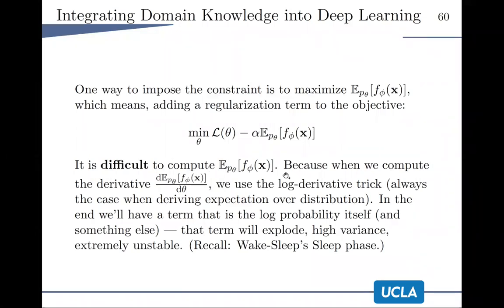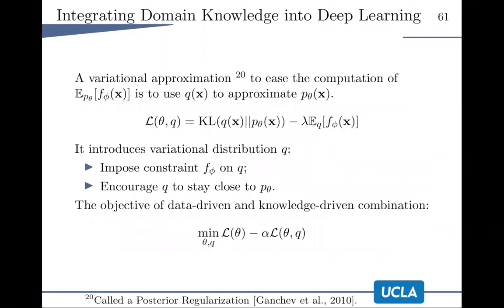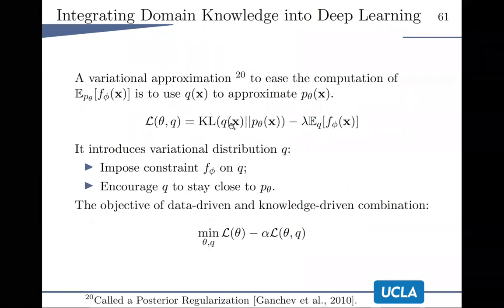So in general, coming back to this part, it's generally difficult to compute this part directly. We are adding too much challenge to the computation of this problem. A variational approximation to ease the computation is similar to the idea of variational inference.